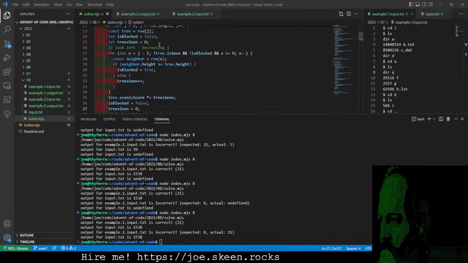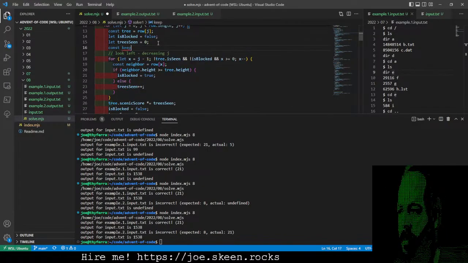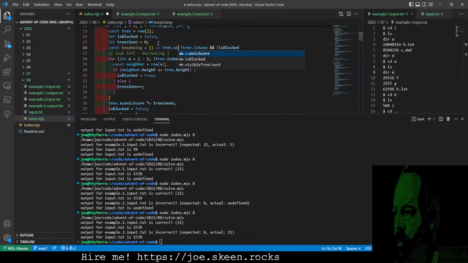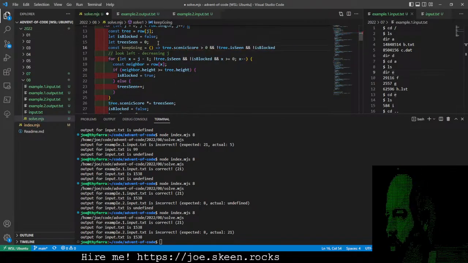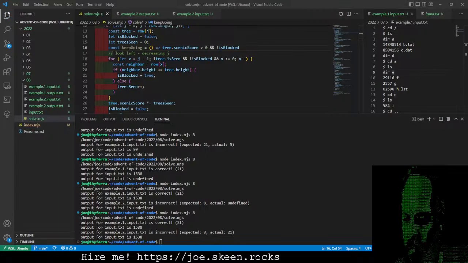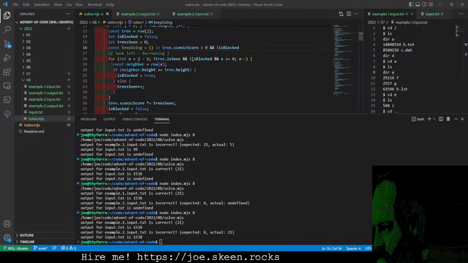Maybe I extract it out. Actually, I don't care about tree dot is seen anymore.